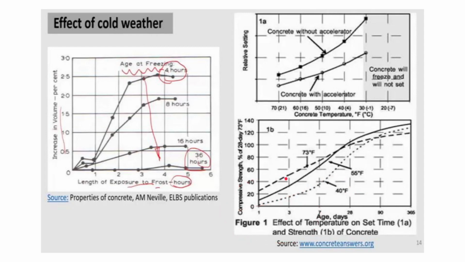And here also you can see that with age the strength development will be less. At 73 degrees Fahrenheit, that is at normal temperature, the rate of hydration is much higher as compared to 55, and very much higher as compared to 40 degrees. So the rate of hydration is very low, which will also result in a long time for setting.